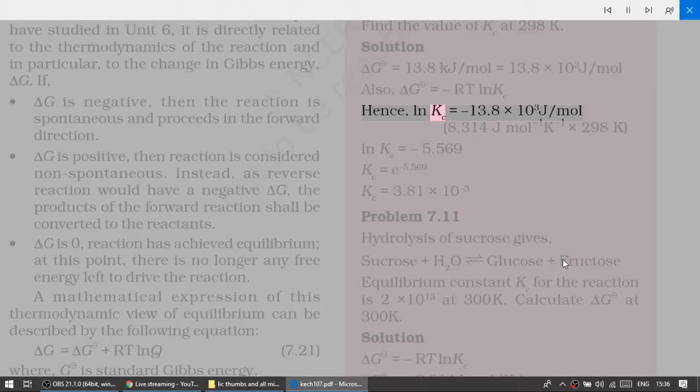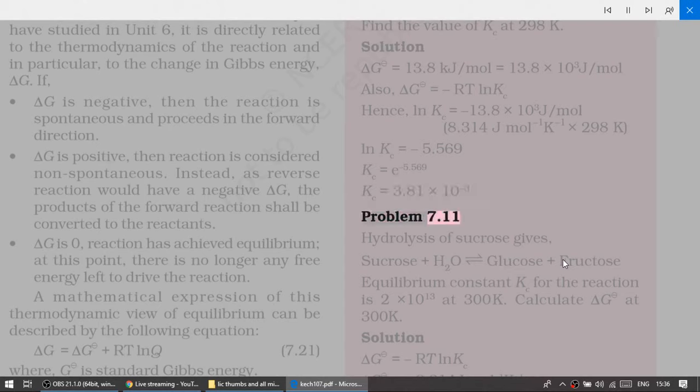Hence, ln Kc is equal to minus 13.8 times 10^3 J/mol divided by 8.314 J mol^-1 K^-1 times 298 K. ln Kc is equal to minus 5.569. Kc is equal to e to the power minus 5.569. Kc is equal to 3.81 times 10^-3.